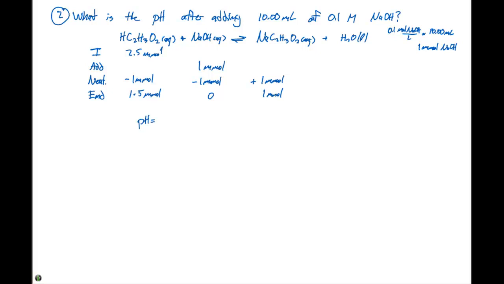Then we can use the Henderson-Hasselbalch equation, which is going to be the pH is going to be equal to the pKa plus the log of the concentration of the A minus divided by HA.